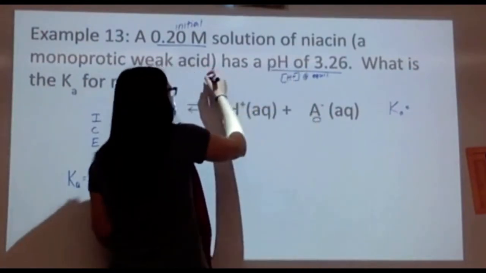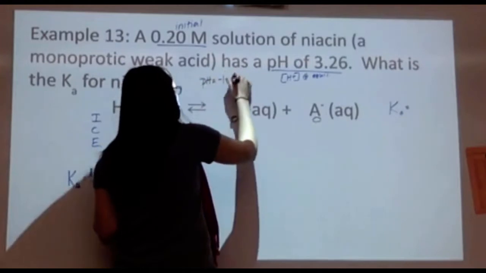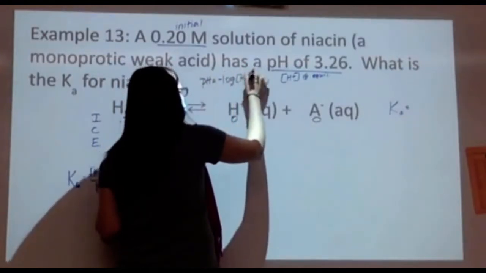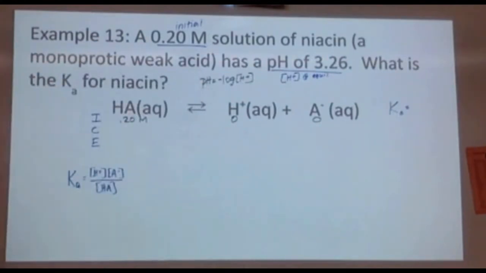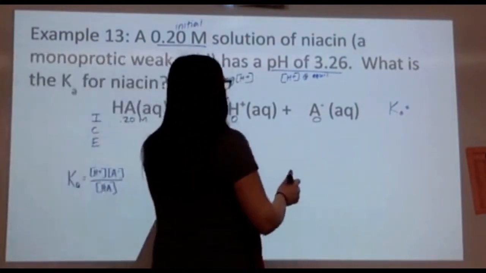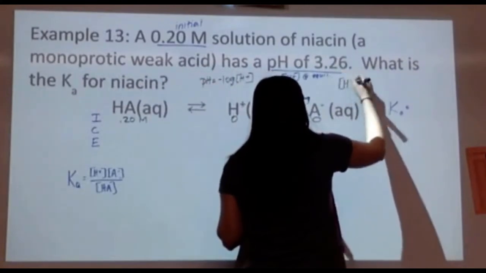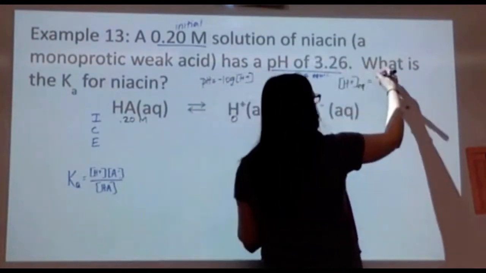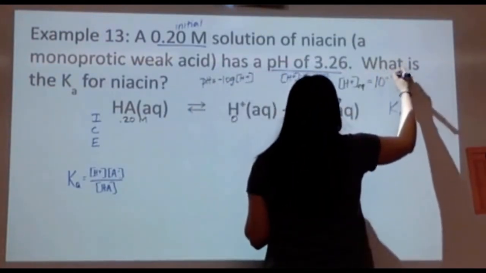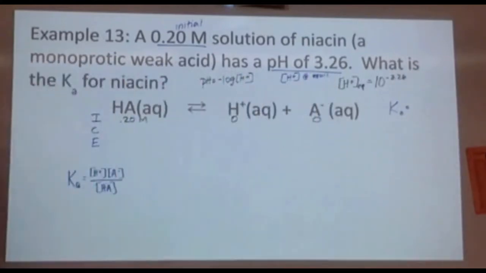Now, really quick, pH. Remember that pH is the negative log of H plus. If we're given pH, we have to do the inverse. So the H plus concentration at equilibrium is 10 to the negative pH, 10 to the negative 3.26.